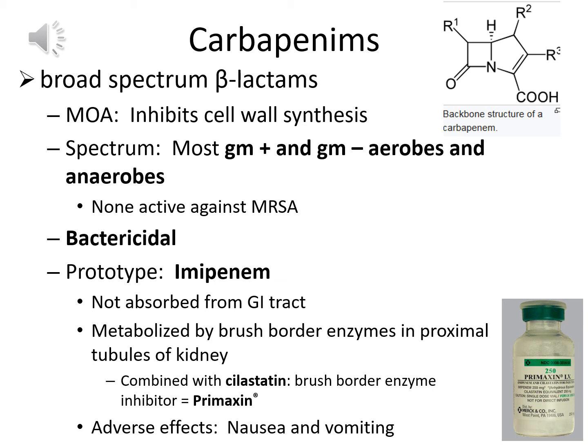It's combined with a drug called cilastatin, which inhibits the brush border enzymes and allows a longer half-life for the imipenem to work. That combination product is known by the brand name Primaxin. The major adverse effect with this one is nausea and vomiting, so it's pretty well tolerated.